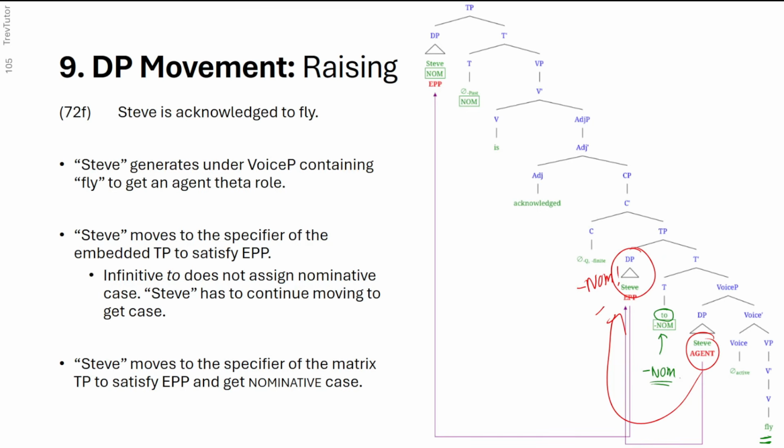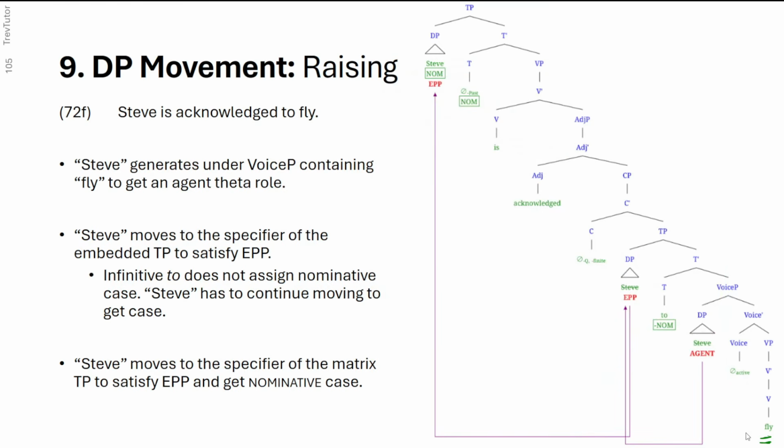So what it needs to do is raise even further to the higher clause where we have a present tense, Steve is acknowledged to fly, and it's going to check case with that TP instead. So because Steve isn't getting or checking nominative case with its infinitive to in the smaller TP, it needs to move up to the higher TP in order to check case. And this is still going to be okay because it's not like Steve is getting two theta roles. Steve still just has one theta role. Steve is still just an agent.